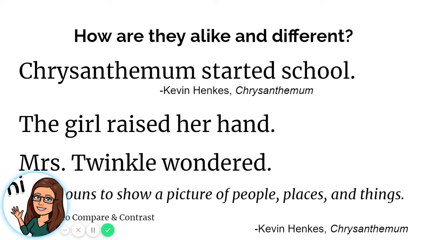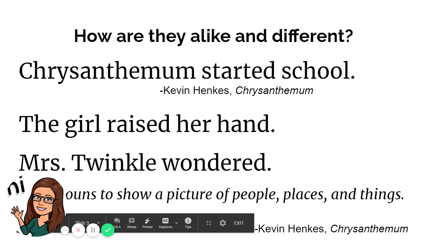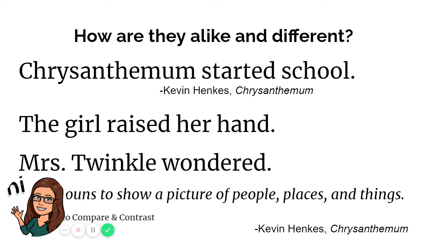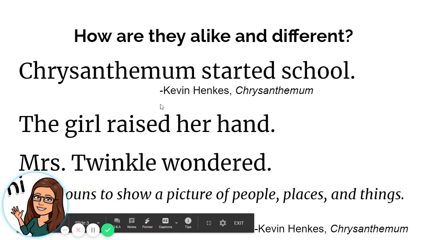Now let's see, what do you notice that is the same between these sentences? You can pause the video if you need some time to think. What is the same between sentence 1 and sentence 2?